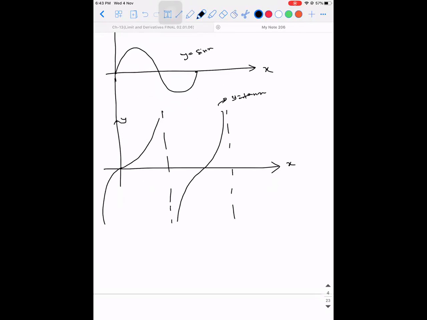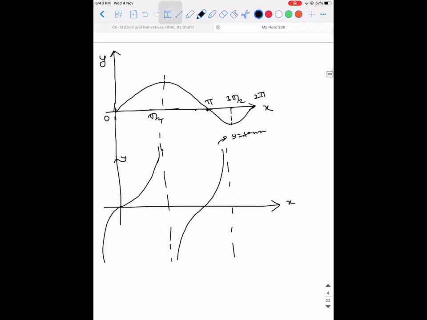Okay, wait, I'll draw a better graph. The 0, pi by 2, pi, 3 pi by 2.